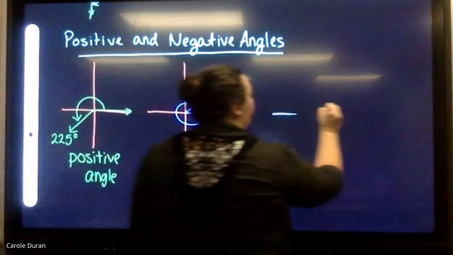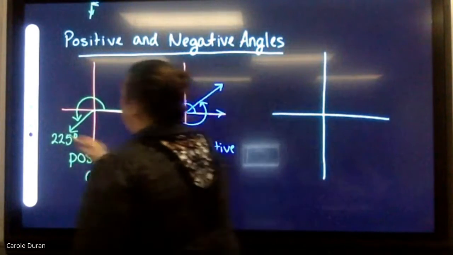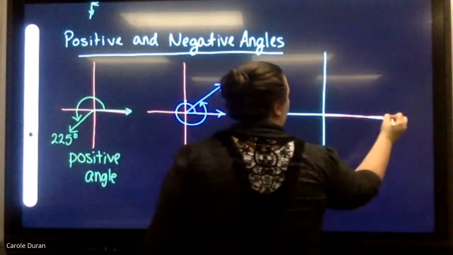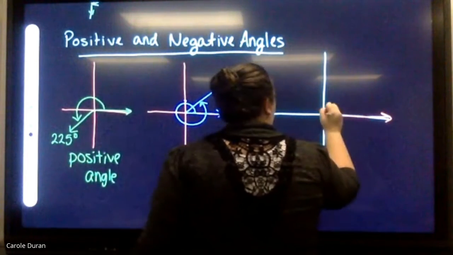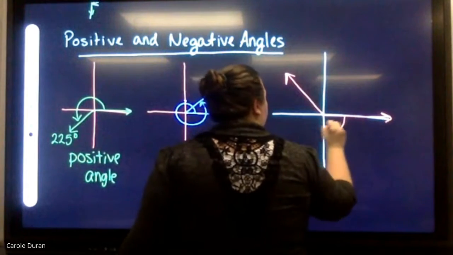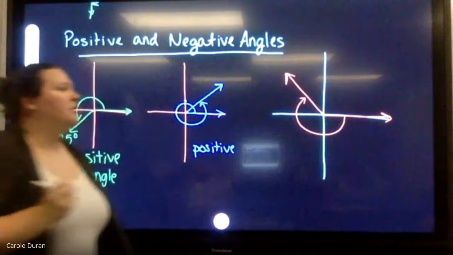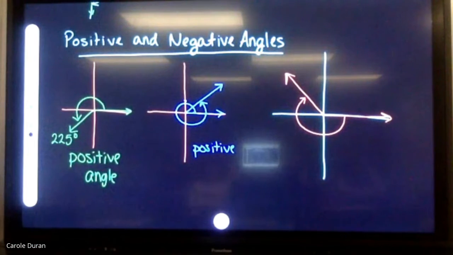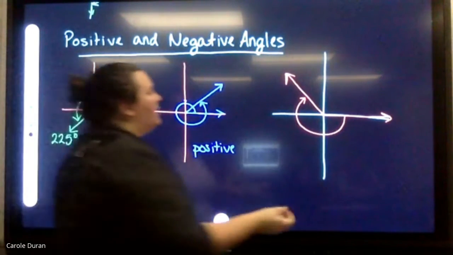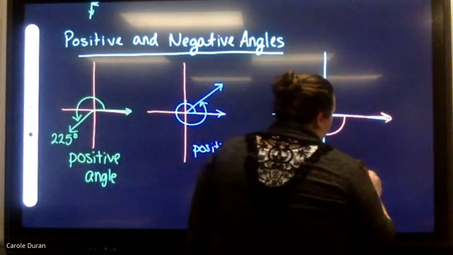Let's say I have a third angle that from my fixed side opened down. Is that positive or negative? Negative. So the direction of opening indicates whether it is a positive or a negative angle measure.